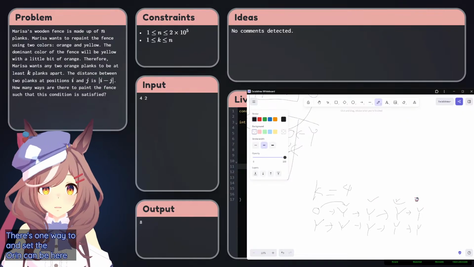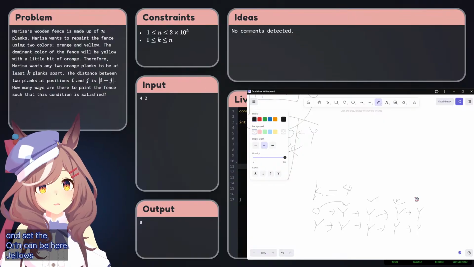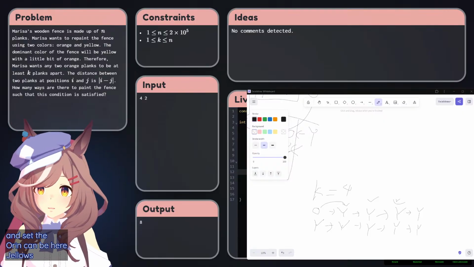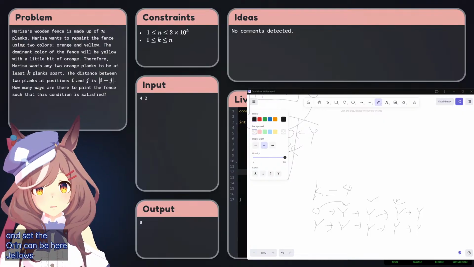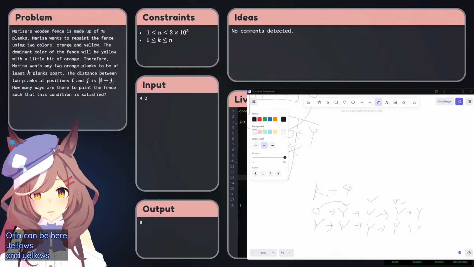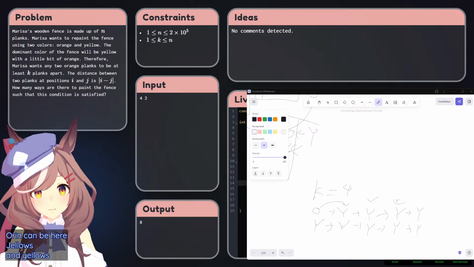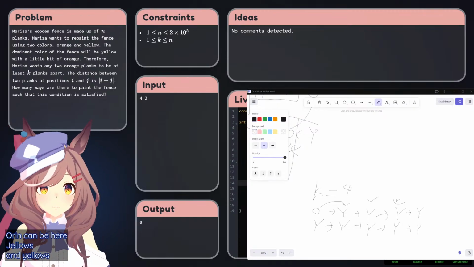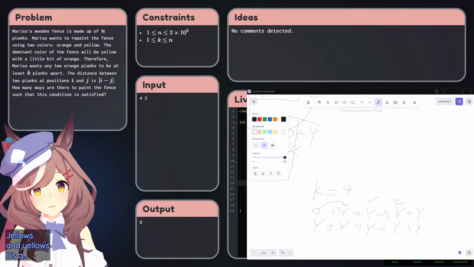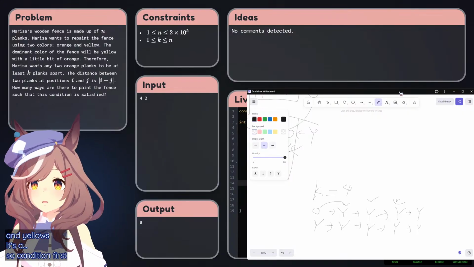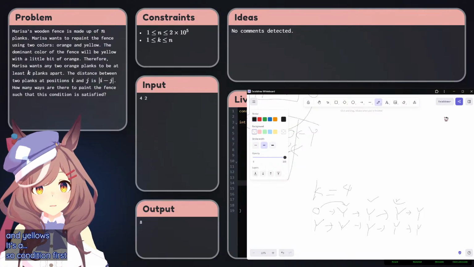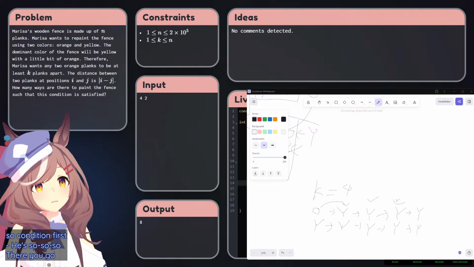But yellows on the other hand can be both orange and yellows. Let's start with the special condition first. Okay, so k is also equal or less than n. Should be okay.